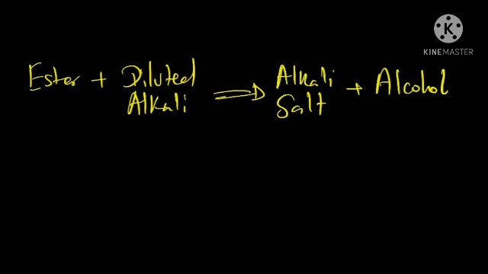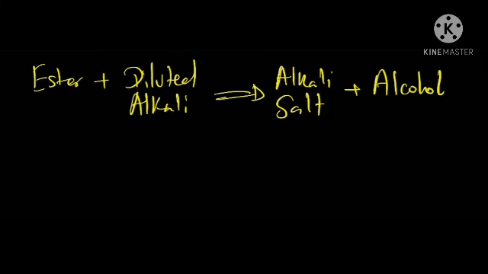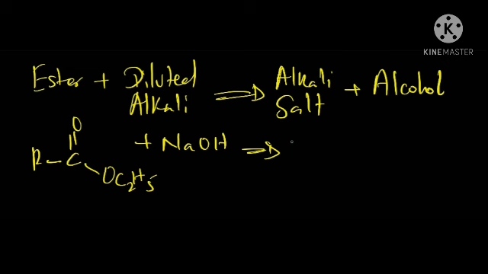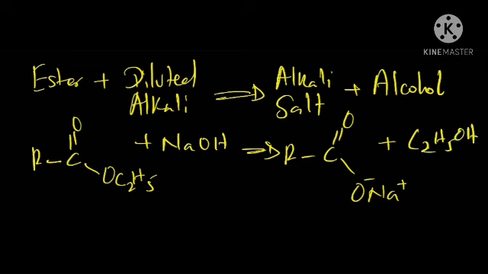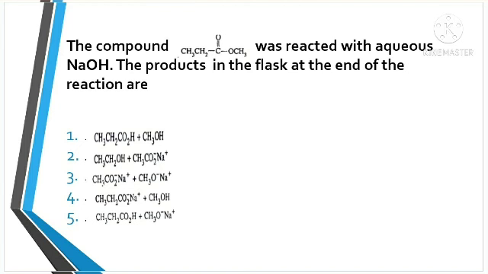Instead, we get the alkali salt and the respective alcohol. A common example for that is using aqueous NaOH. So in this example, we have RCOOC2H5, NaOH, and we have products RCOO minus Na plus, that is the alkali salt, and we have C2H5OH, that is the alcohol. Now we are pretty convinced about the answer to our question, and that is the fourth one.